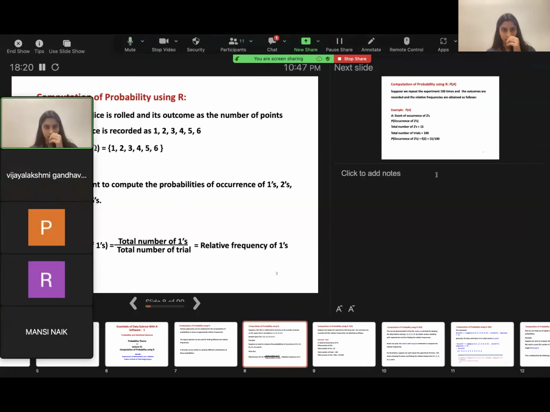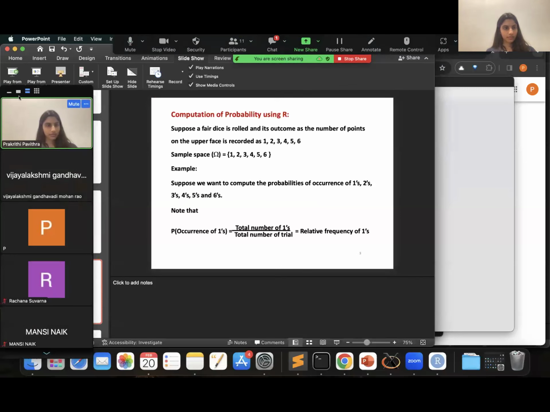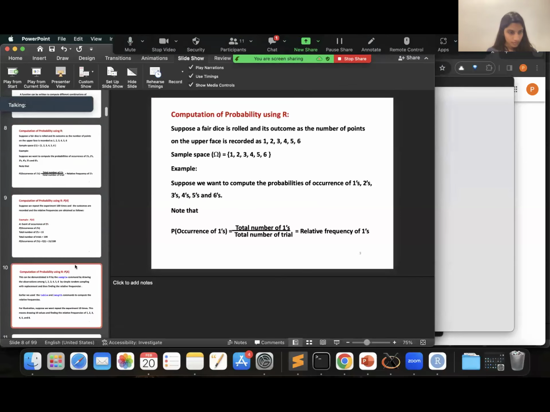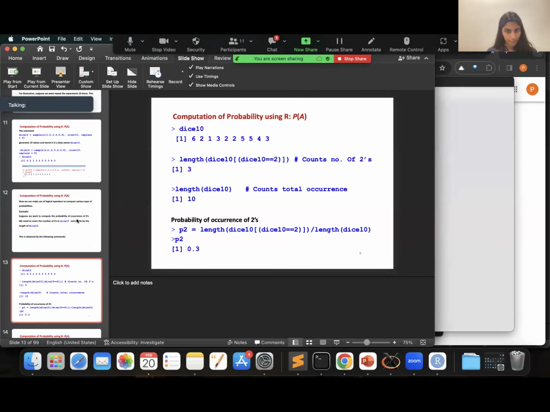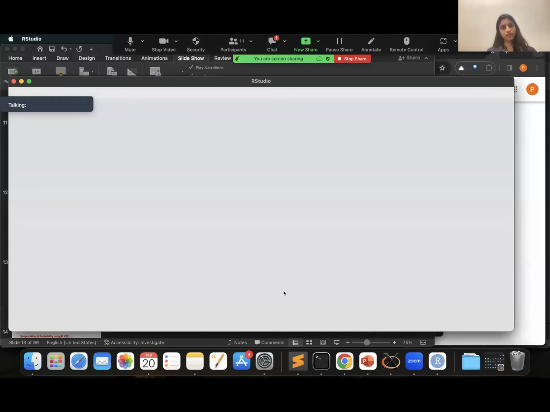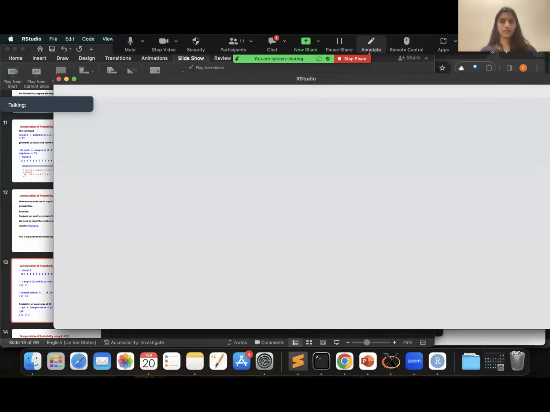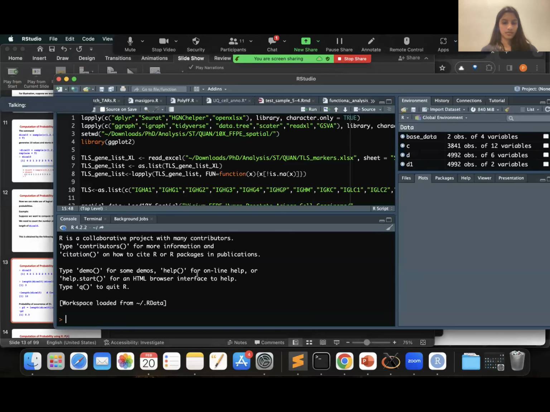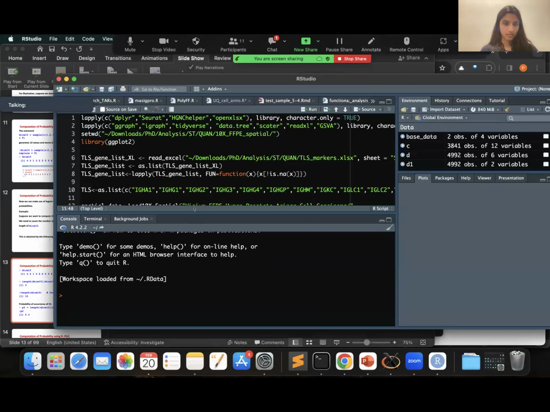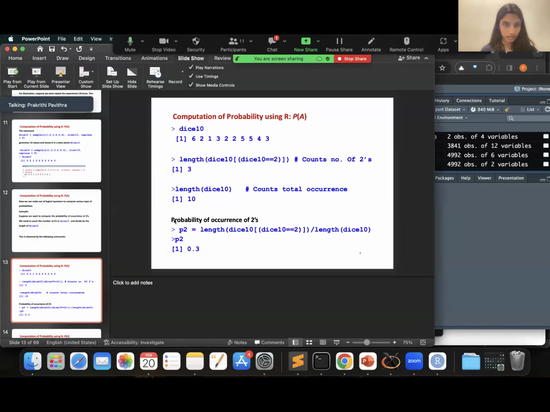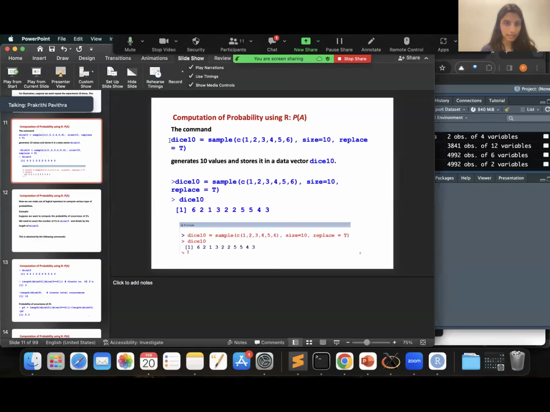So this is RStudio. First, we just need to randomly sample.